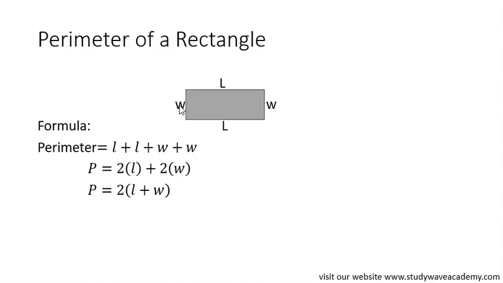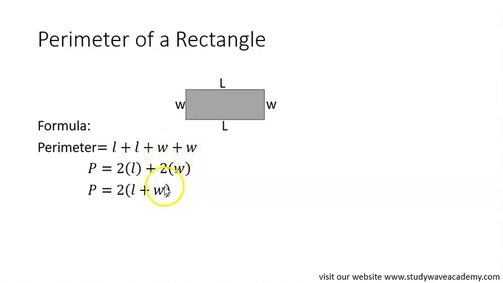Okay? So finding the perimeter of a rectangle, the formula is equal to L plus L plus W plus W. Length plus length plus width plus width. Okay? And it can be simplified as 2(L), which is L in 2 places, right? So 2(L) plus 2(W), because W is in 2 places.